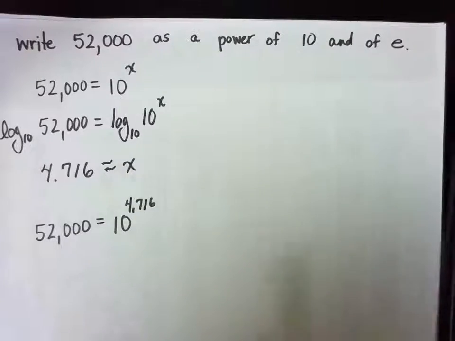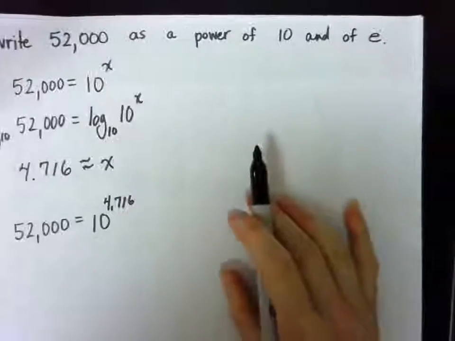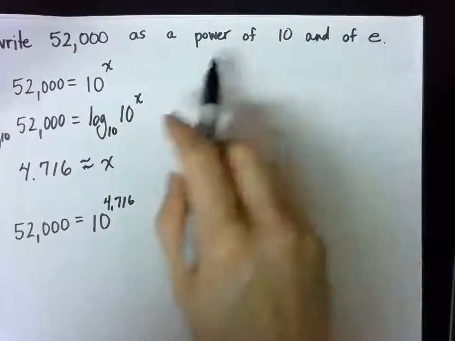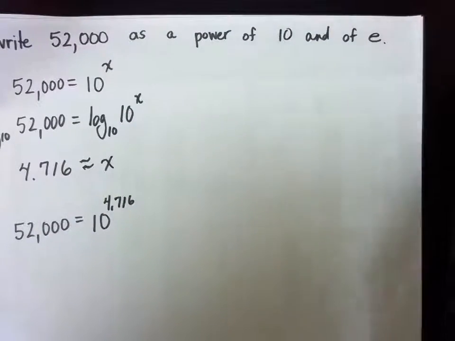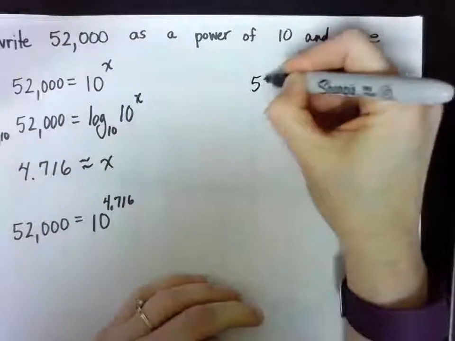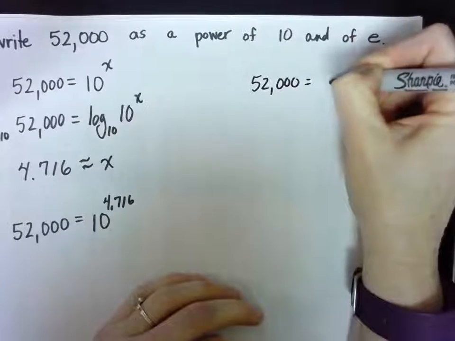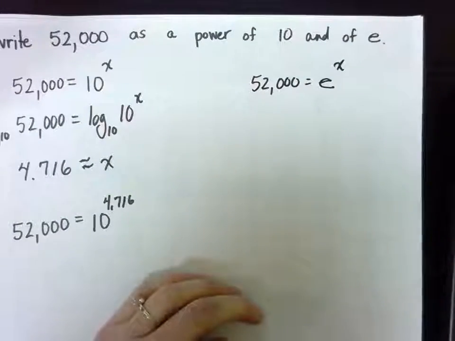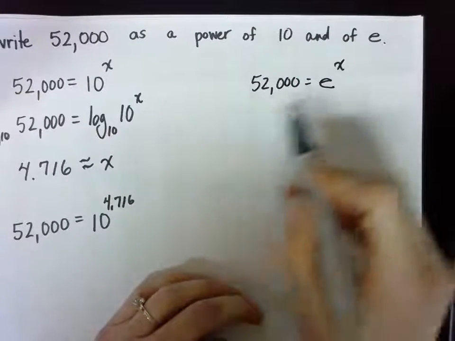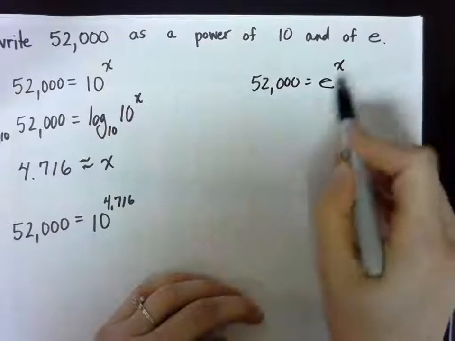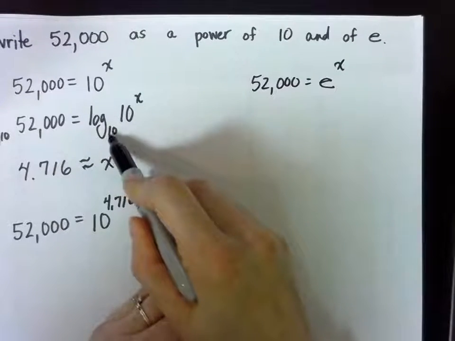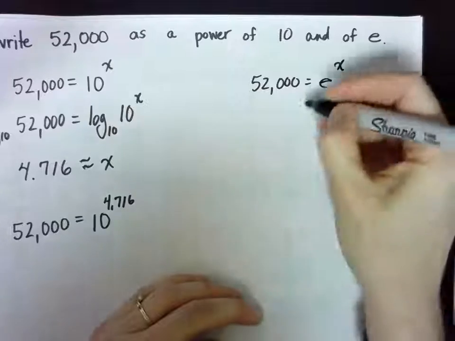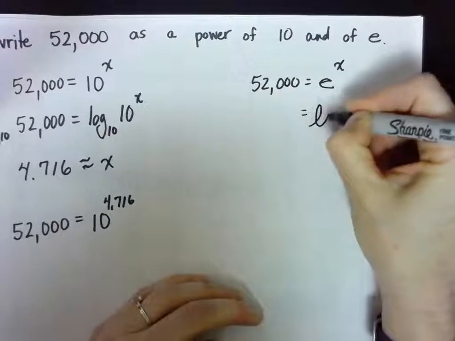And if we had to raise e to a power and get 52,000, what would that be? Well, again, this is going to be similar. So 52,000 equals e to some power of x. This time, to get x by itself, instead of taking log base 10, we're going to take log base e. And that is the natural log.